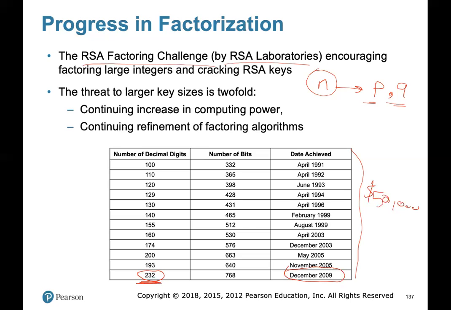When you convert it into binary, it is about 800 bits. In December 2009, researchers were able to break that and factorize that number into 2 prime numbers. You may ask, so how is RSA secure? The answer is this was done, but the price of doing that is very expensive.